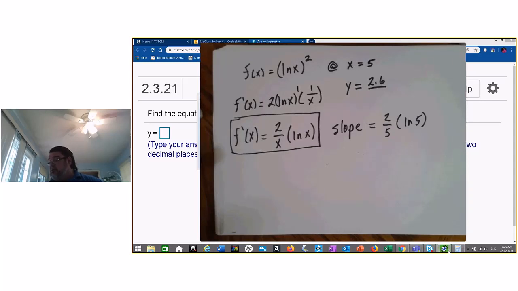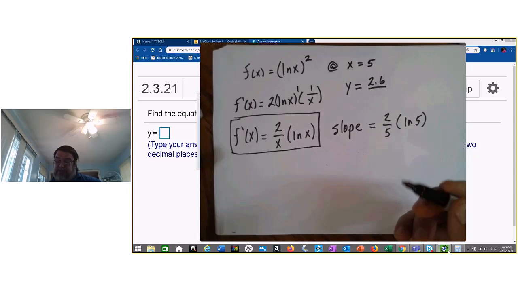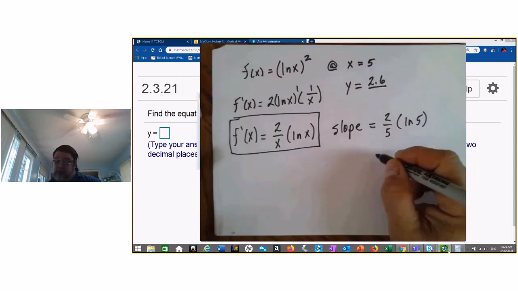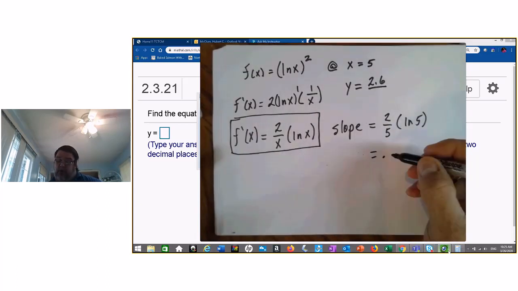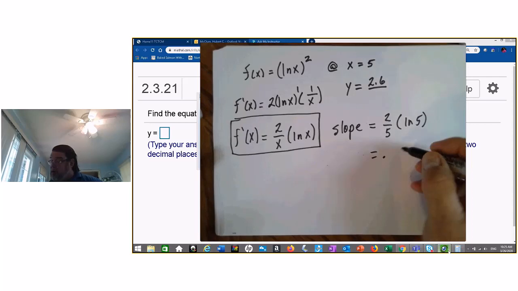Yeah, 0.4. Should be 0.4 times the natural log of 5. I get 0.6437. That's what I got too. I'm going to say 0.644.